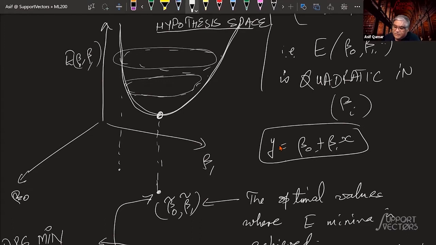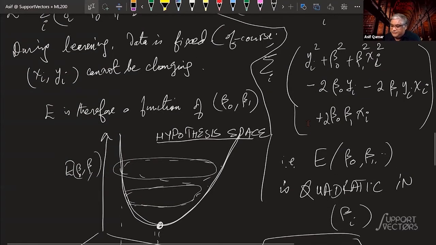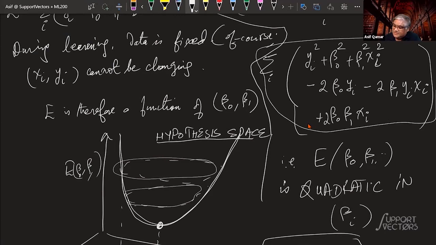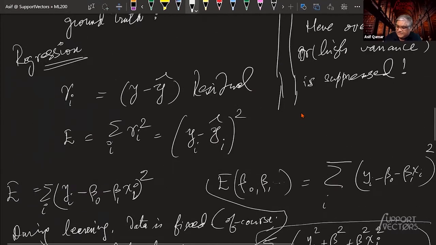What are you looking for? You're looking for the point of minimum error. Is it for a single data point, or for the summation of all the data points? It is the summation of all the data points. Yes, you're right. E is the summation over the errors from all the data points. Remember, we started out with this derivation.